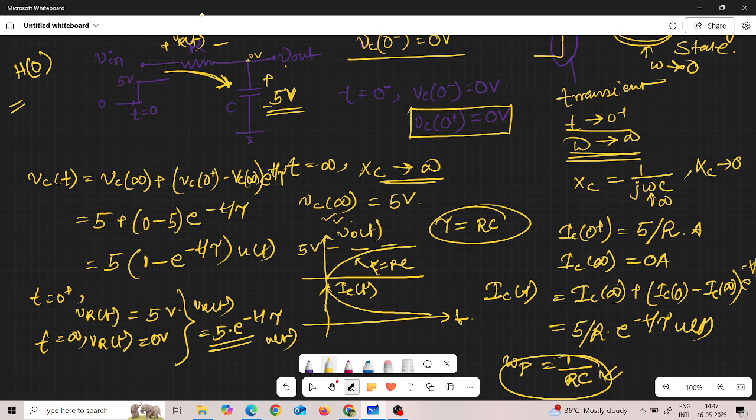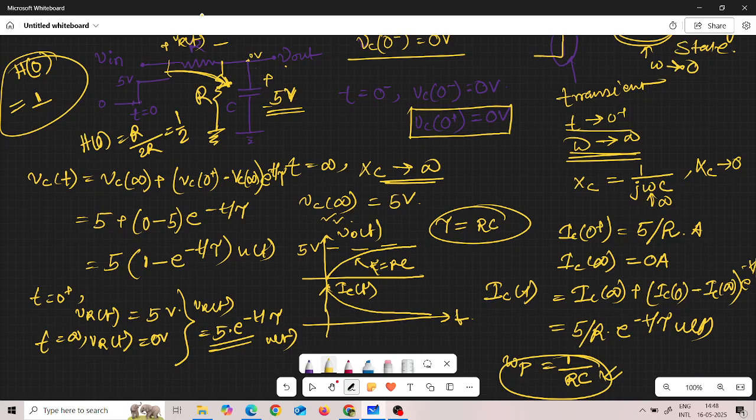So in this circuit the DC gain is 1. But for a different circuit the DC gain might be different. Like if I connected a resistance here, when omega tends to 0, the circuit simply behaves like a resistor divider circuit. So here the DC gain will be R by 2R, so the DC gain will be half. Depending upon the configuration of the circuit, the value of the DC gain and pole changes.